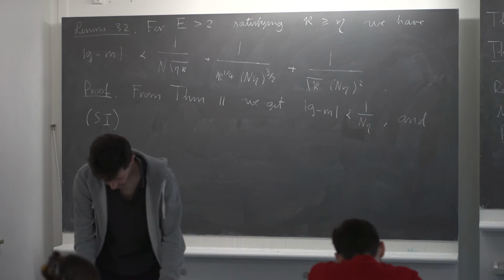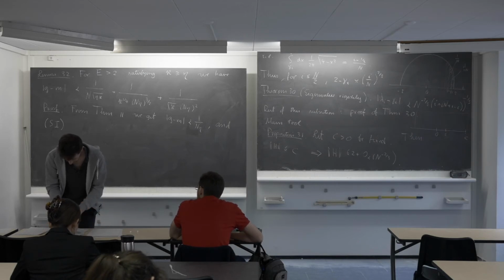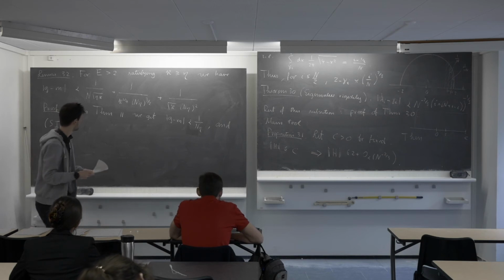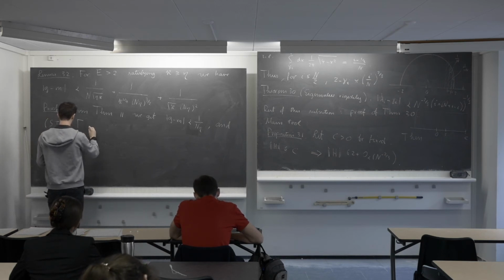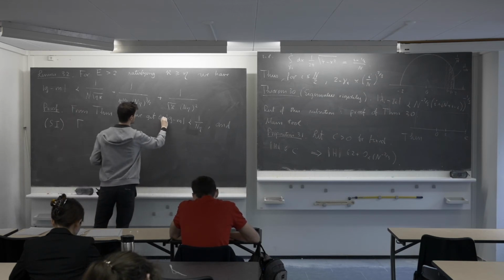I will maybe not write down all of these formulas, as they were a bit lengthy, but maybe I should recall. Just as a reminder, the self-improving bound was this, and this was theta.